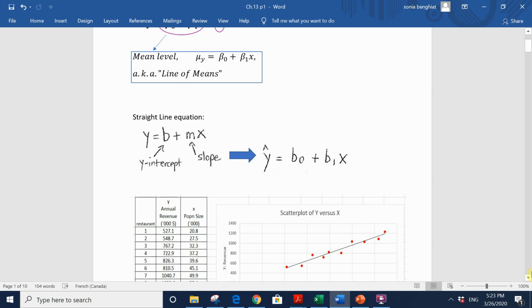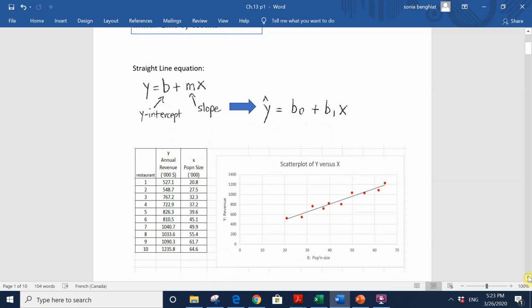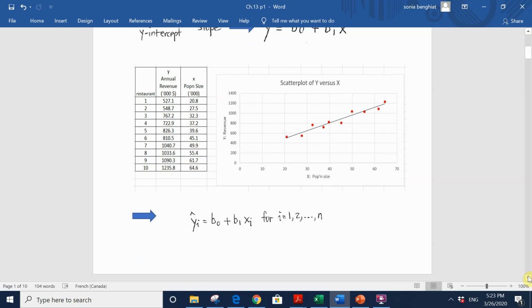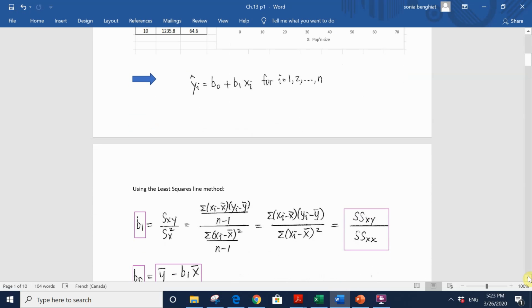Okay, so with that in mind, I'm going to review the formulas that were introduced before. So we had seen over here that B1 is determined by this formula right here.